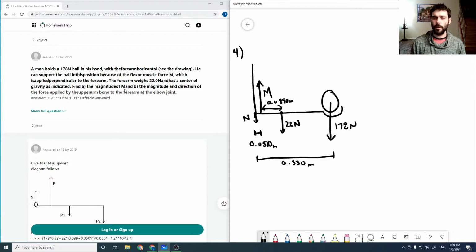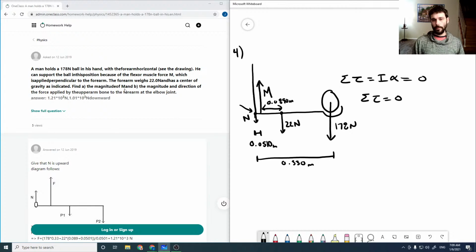Nothing's rotating around this rotation point, and so everything is related from there. What I mean is that the sum of our torque, which is equal to I alpha, is 0. So the sum of our torques is equal to 0. And now we can go through and figure out all our torques.